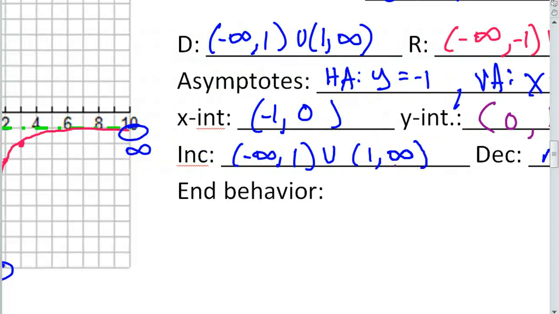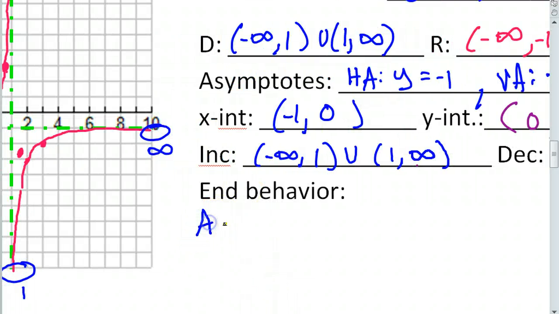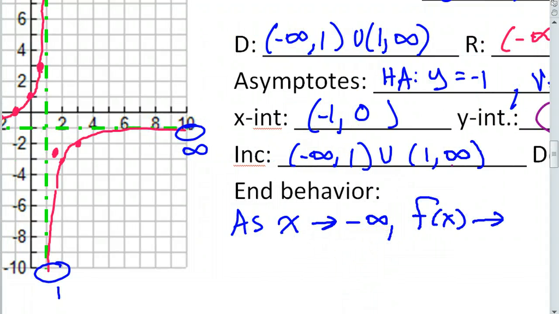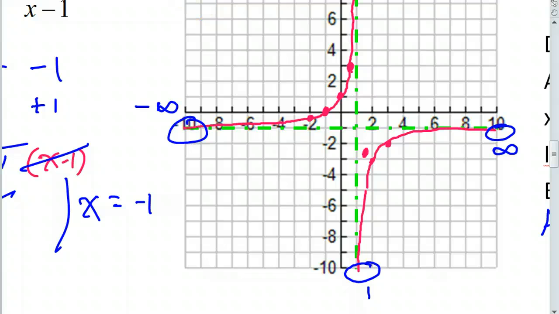All right, now end behavior. As x approaches negative infinity, the function approaches... This means on the left. What is the graph approaching on the left? Negative 1. On the left, this graph is approaching the horizontal asymptote.